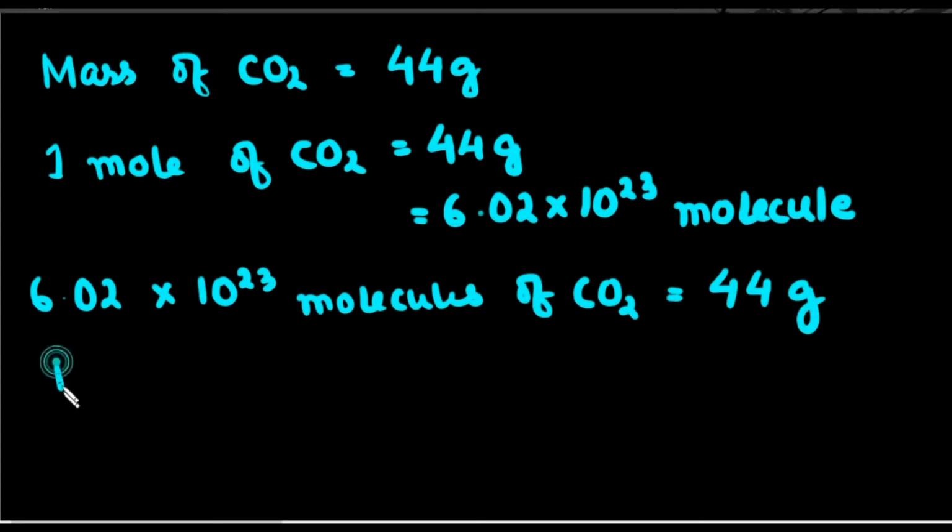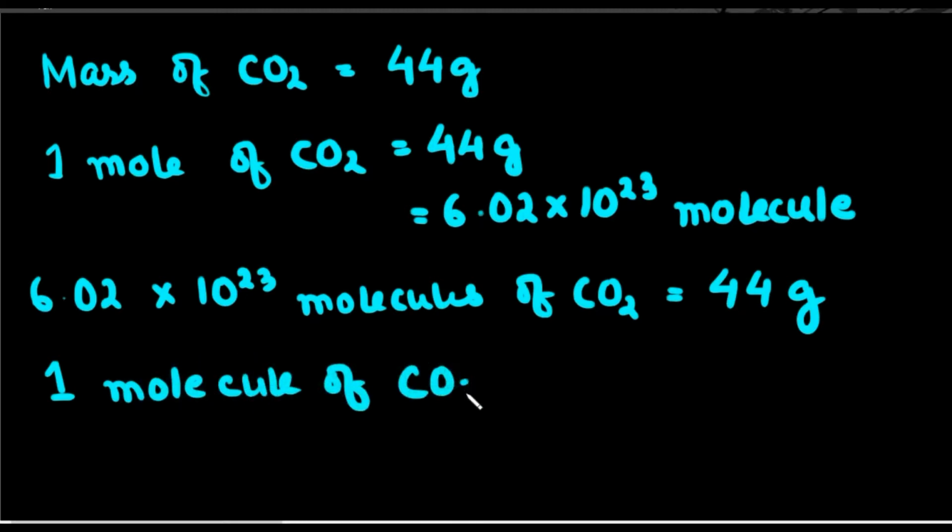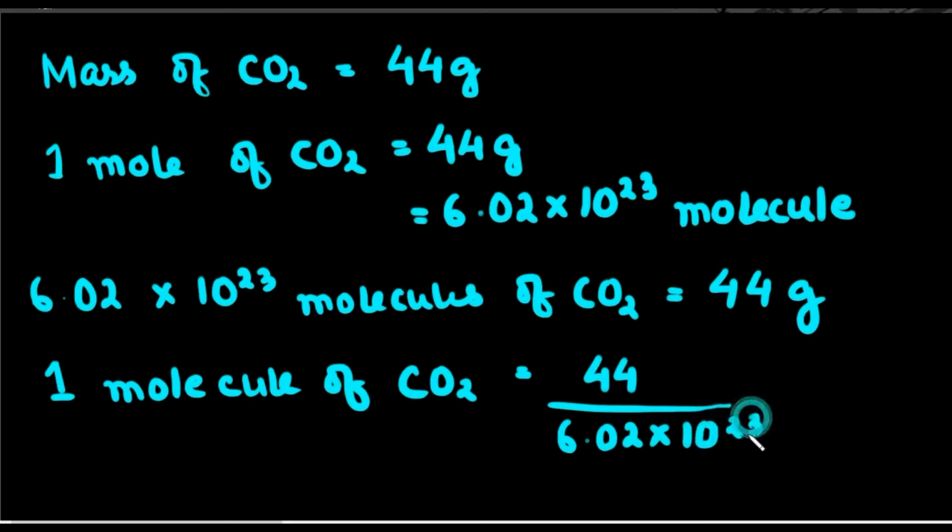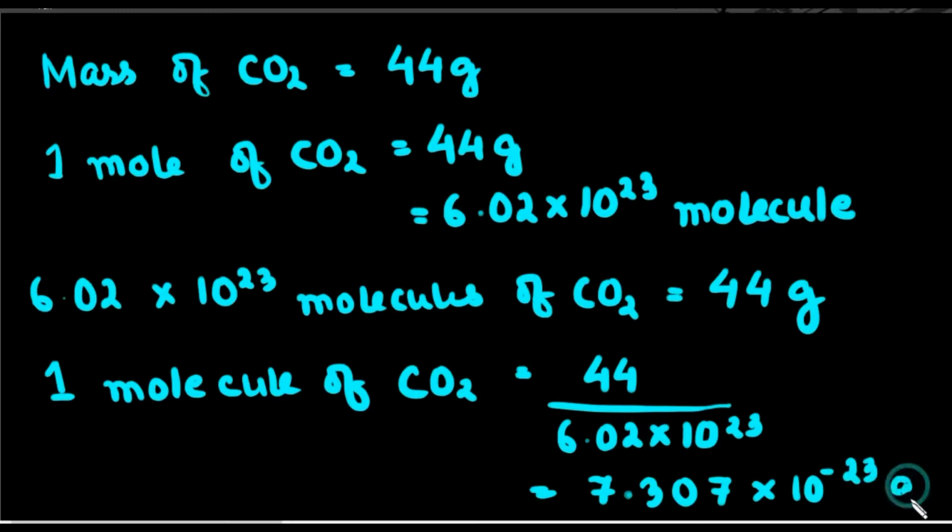Therefore, 1 molecule of carbon dioxide will have a mass of 44 divided by 6.02 into 10 to the power 23, which is equal to 7.307 into 10 to the power minus 23 gram.